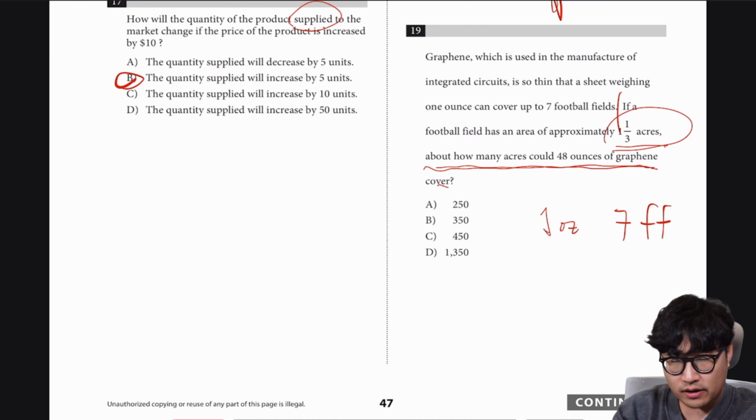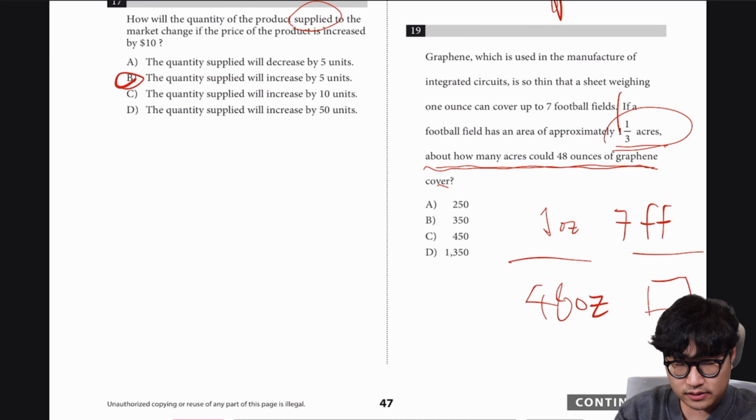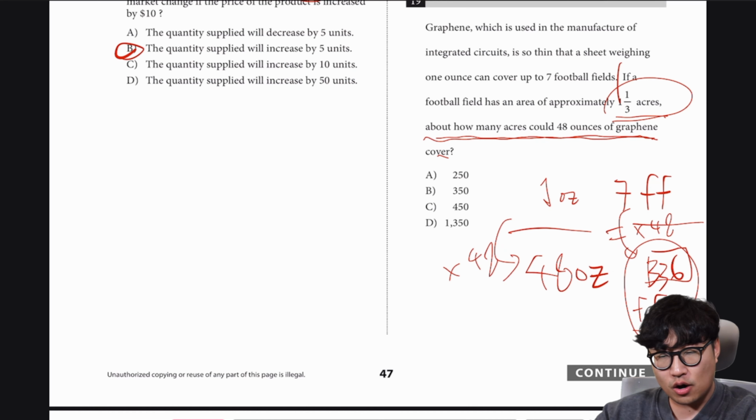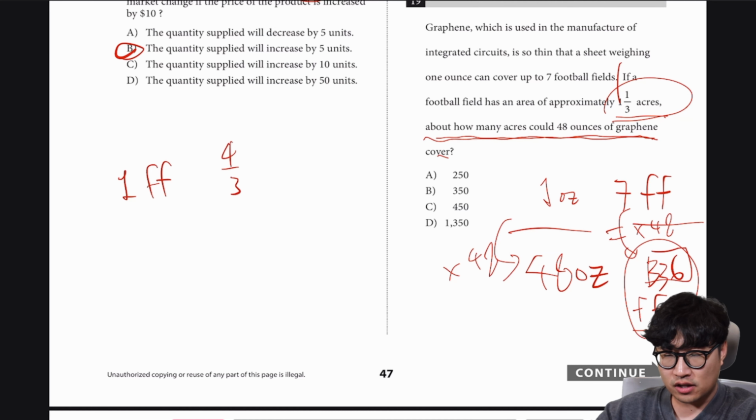So if you think about it, if you set up the proportion like this, that would be times 48. So you would just do times 48, or you can cross multiply and figure it out if you would like. Then you get 336 football fields, right? But that's not acres though, right? You know, 1 football field has 4/3, I'll just call it, acre.